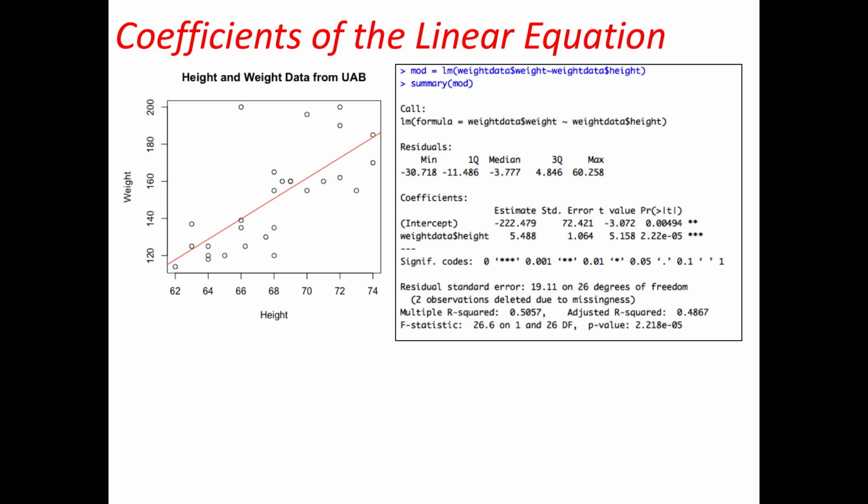In our example here, the R-square value is 0.506, which is right here, multiple R-squared 0.5057. We'll round it up to 0.506. This can also be expressed as a percentage. So the R-squared value could also be expressed as 50.6%.